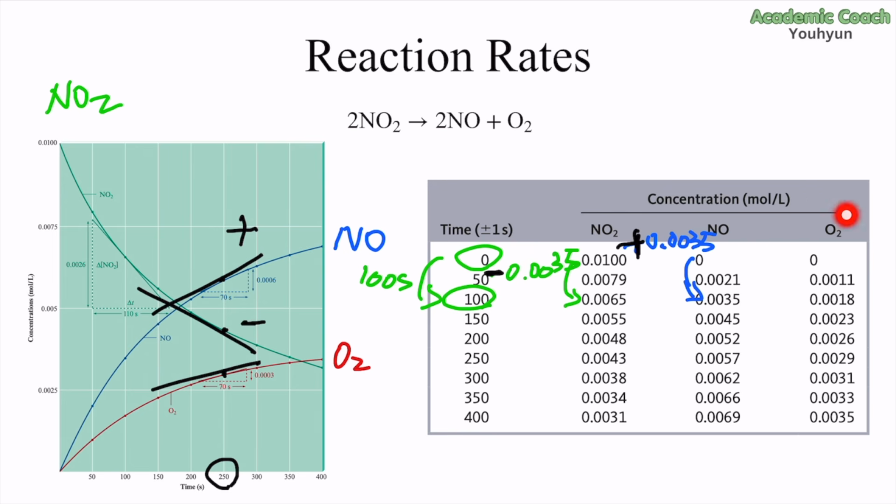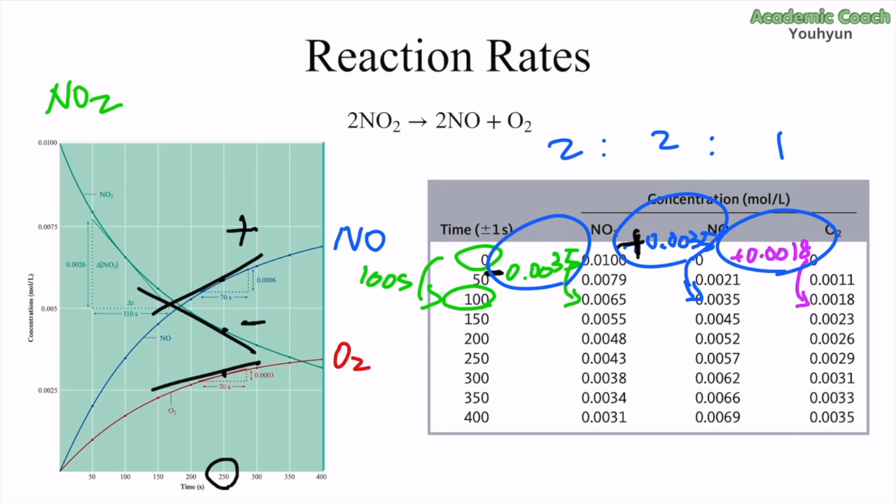And now, if you look at oxygen, then from 0 to 100 seconds, its change in concentration would be positive 0.0018 moles per liter. That's exactly half of the change in the concentration of nitrogen monoxide. So, again, all these three values have the ratio of 2 to 2 to 1, as suggested by the coefficients of these three species in the chemical reaction.